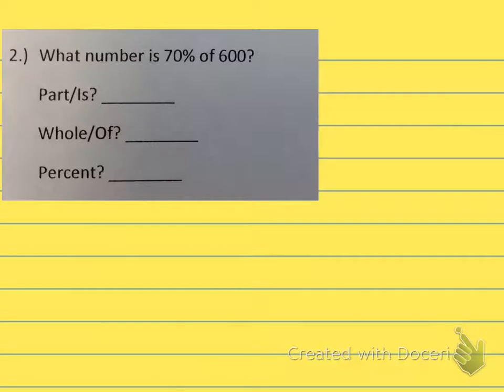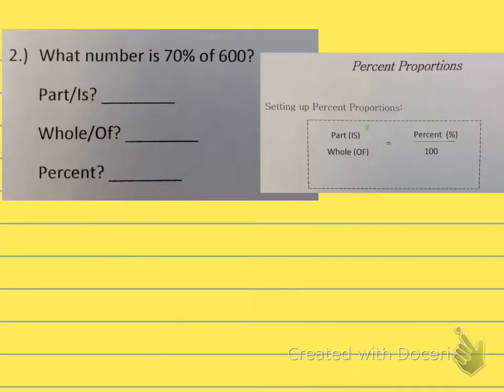Number 2 says, what number is 70% of 600? So I'm going to do that underlining thing again, where I say this is spot 1, 2, 3, 4. So I'm going to underline what number is. So what number is, there's that is, that's in the first slot. 70% is in our third slot.